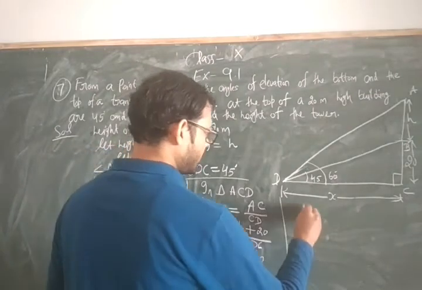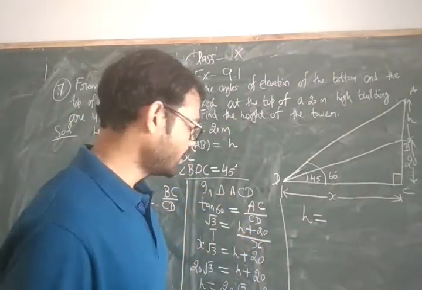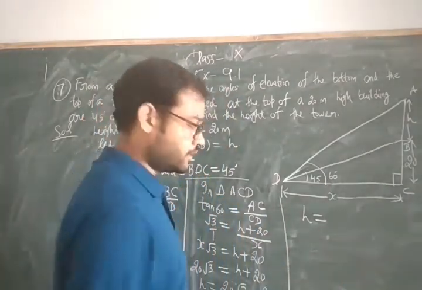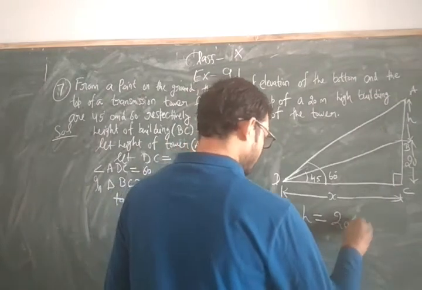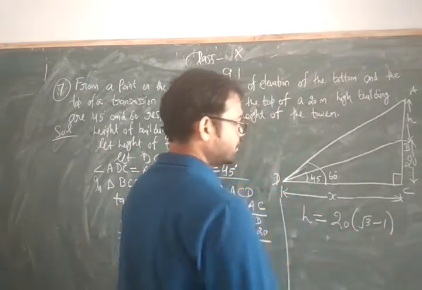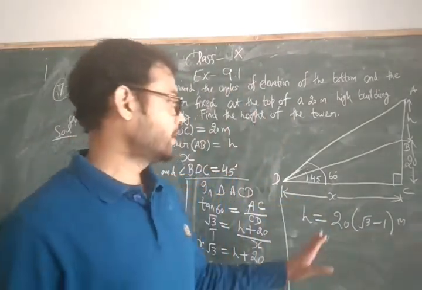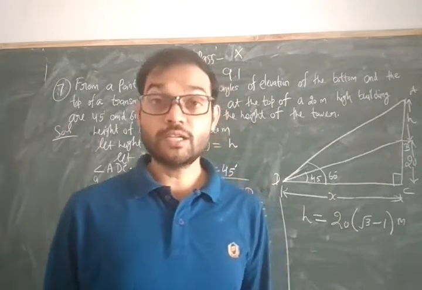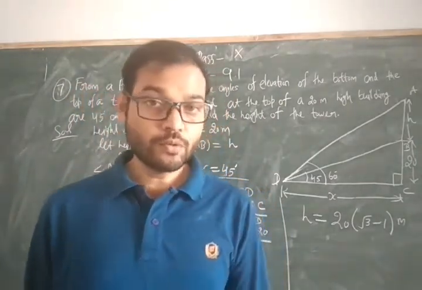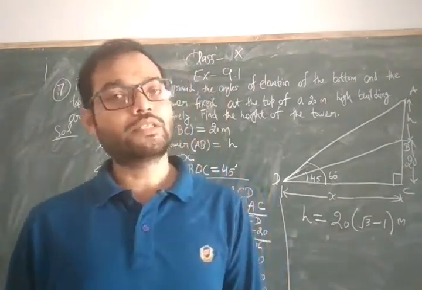So h is equal to, you can see now we can take 20 as common. When you take 20 common, it becomes 20 under root 3 minus 1. So this will be the height of the tower. You can put the value of root 3 also. If it is given in your question, then you have to put the value of root 3, which is 1.73.